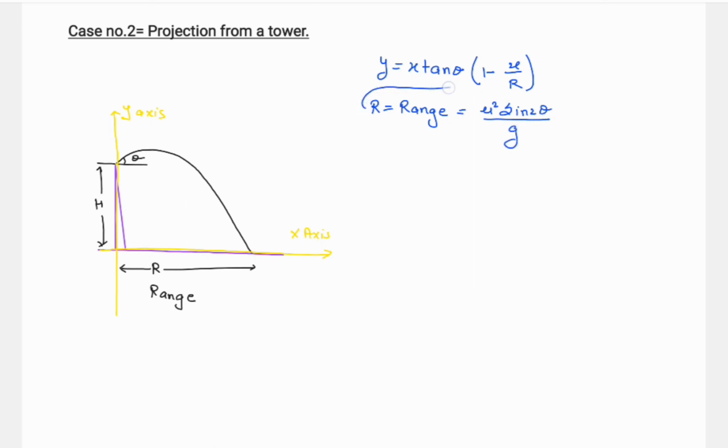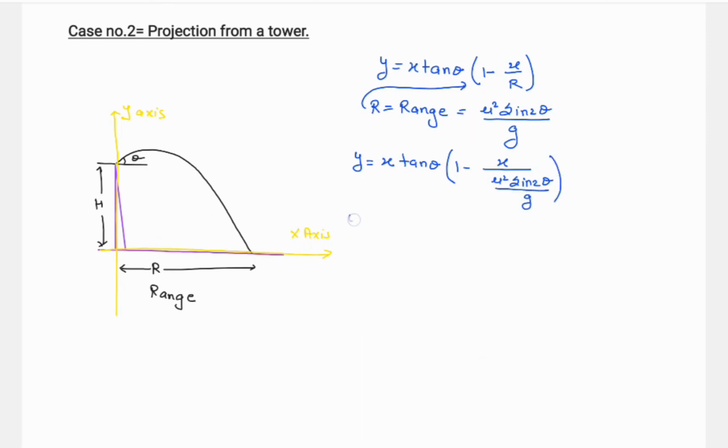If I put the value of R in this formula, what will I get? I will get y equals x tan theta times 1 minus x upon R, where R is u square sine 2 theta divided by g.